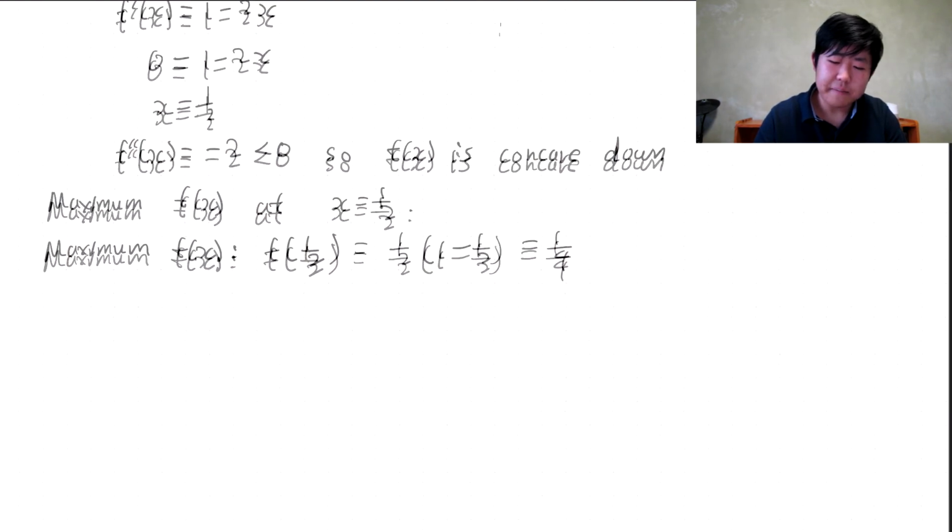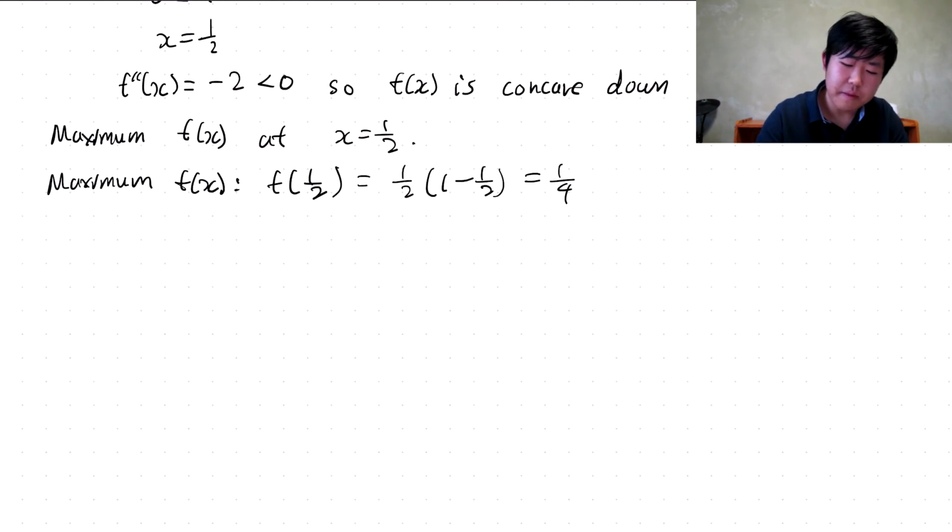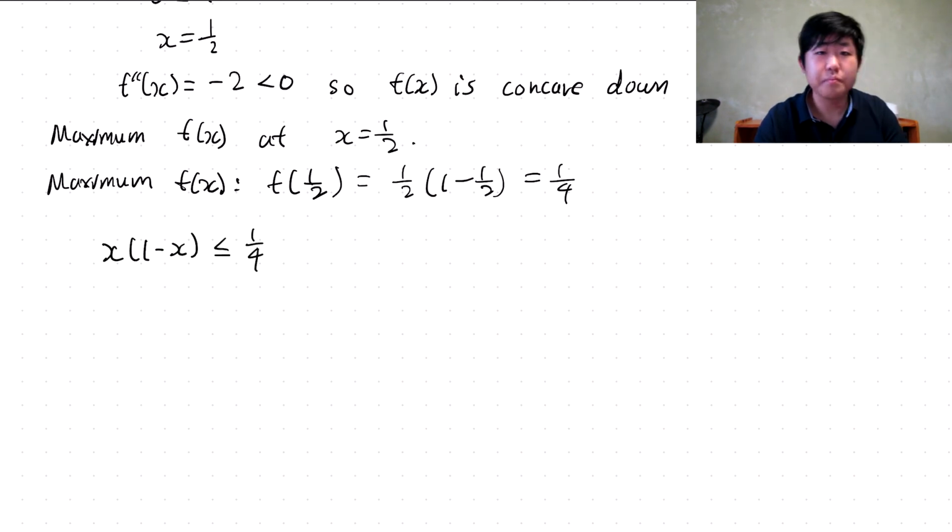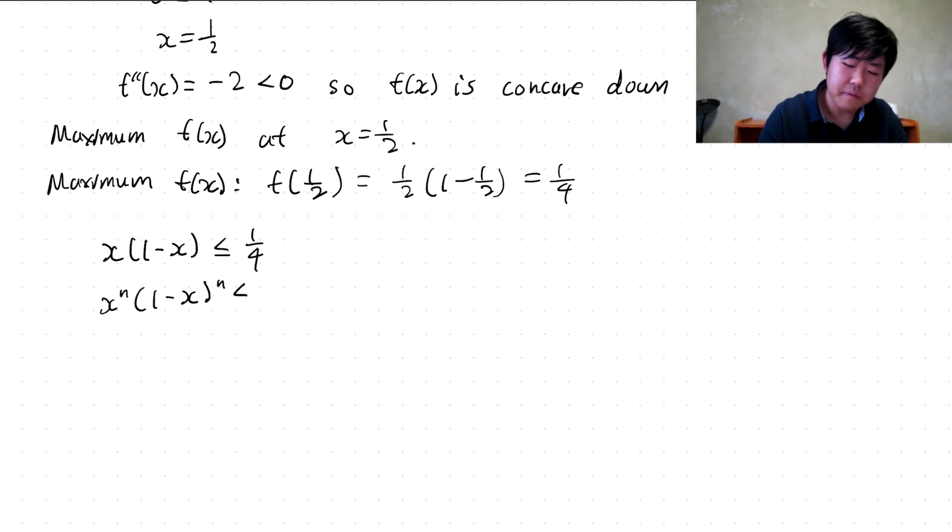And now we know that, let's scroll down a bit. Now we know that f(x) has to be always smaller or equal to a quarter. And then we can power everything by n. That's 4 is 2 squared, so 2 squared and then an n there. Let's integrate everything, both sides with the boundaries of 0 to 1.